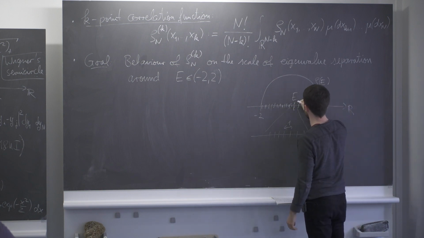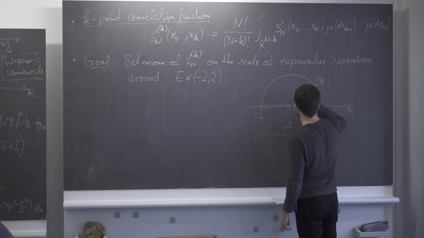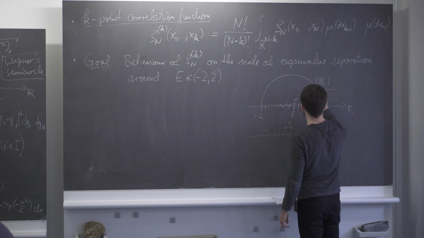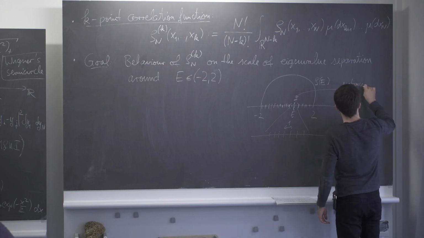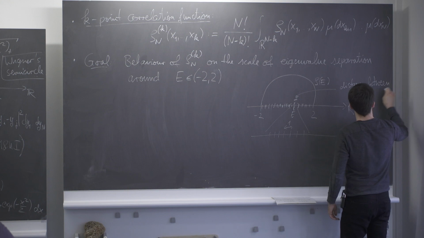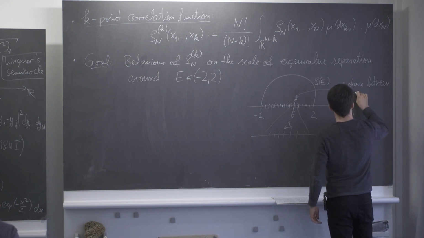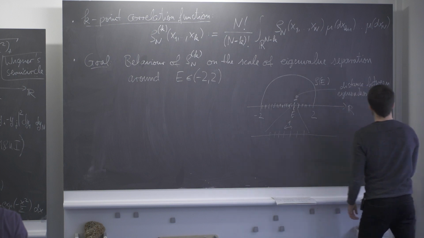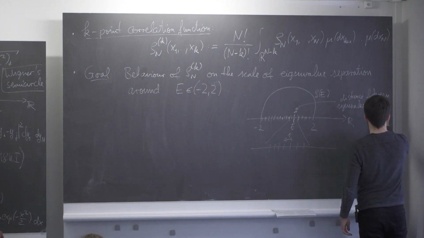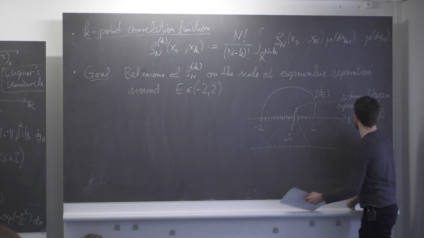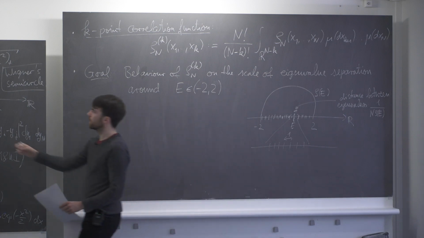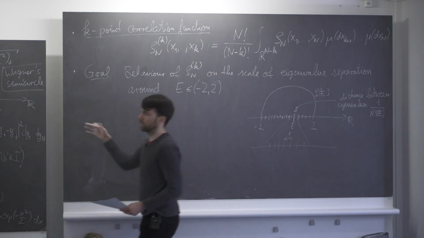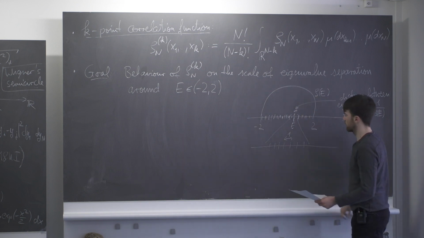So the distance between two neighboring eigenvalues around e, that will be 1 over n rho e. That's what you would expect, it's kind of a heuristic derivation, assuming that the semicircle holds even on these local scales.